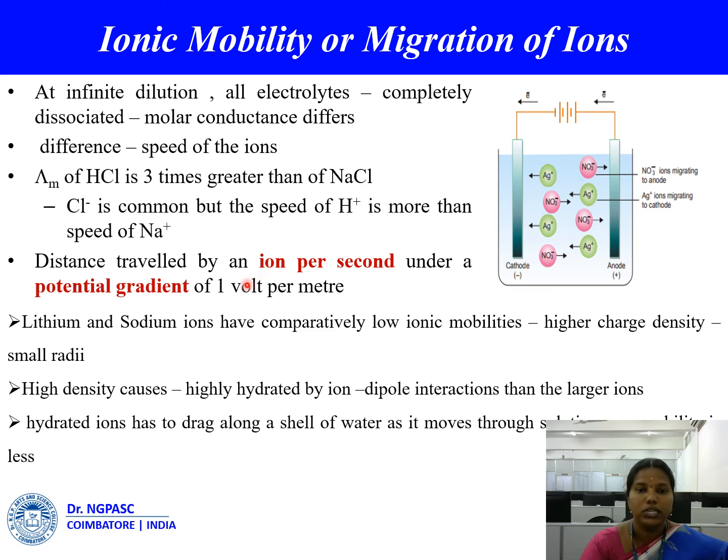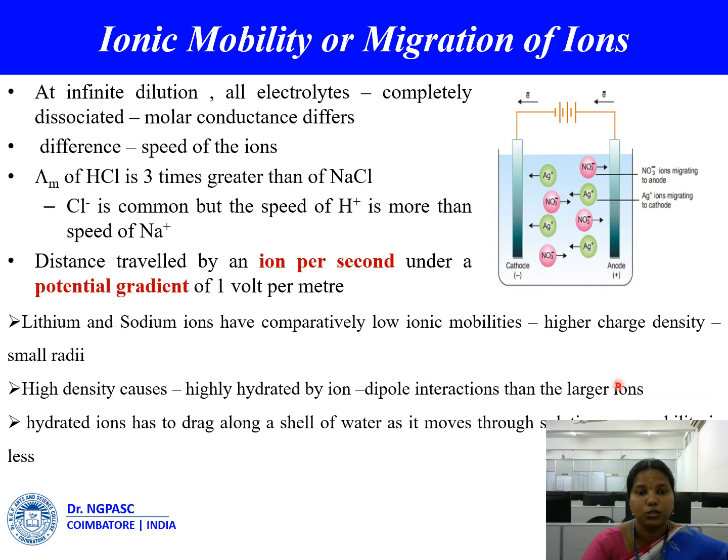Ionic mobility is defined as the distance traveled by an ion per second under a potential gradient of 1 volt per meter. Now let us see the reason for the low ionic mobilities of the lithium ion and sodium ion. We all know that lithium ion and sodium ion have smaller radii and higher charge density.